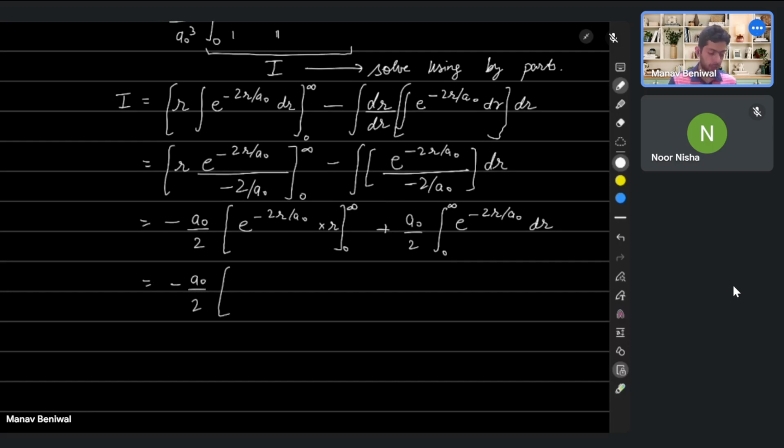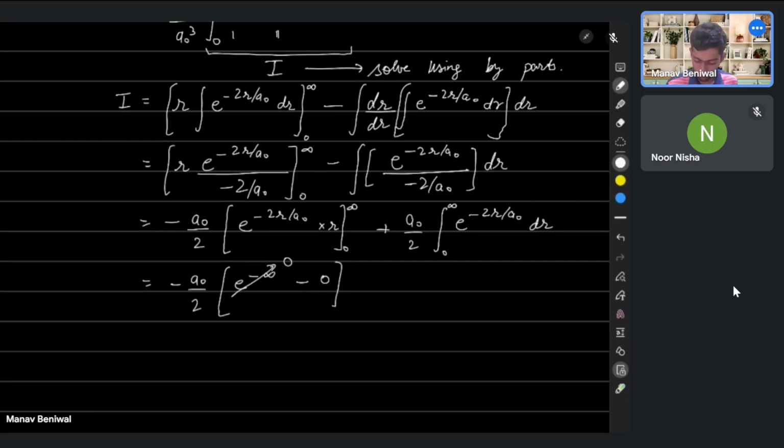Now when we put limit infinity in this function, we get e to the minus infinity, correct? So this term just basically goes to 0, and when we put 0 in this function r, this becomes 0 and this is r, so this term again also goes to 0, so the first term basically vanishes.